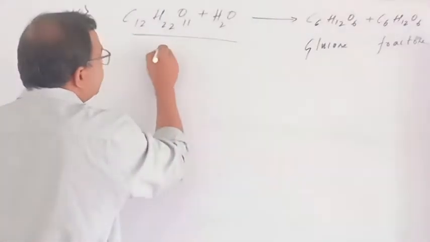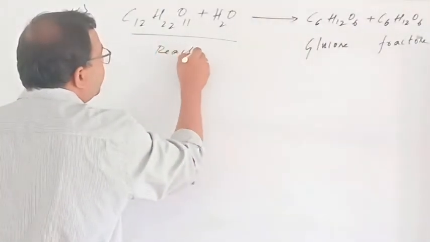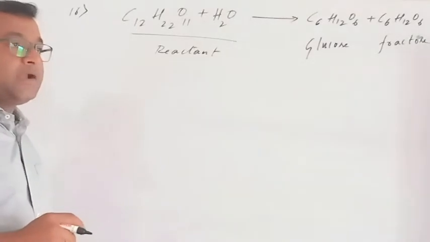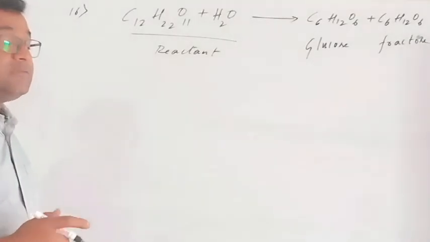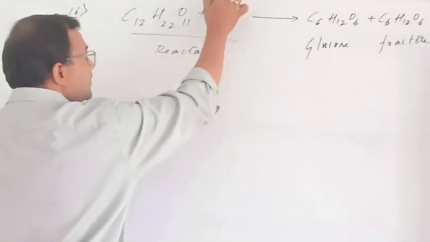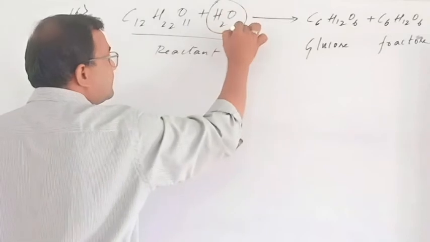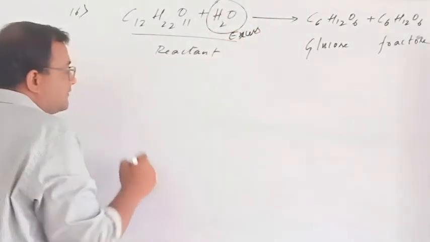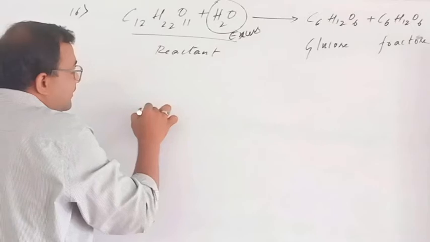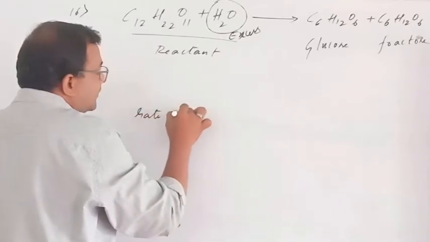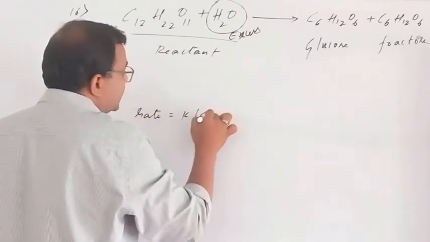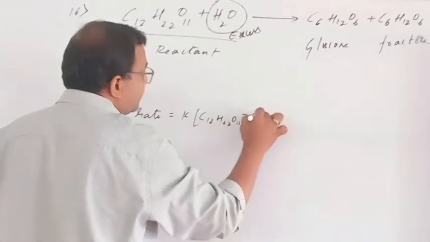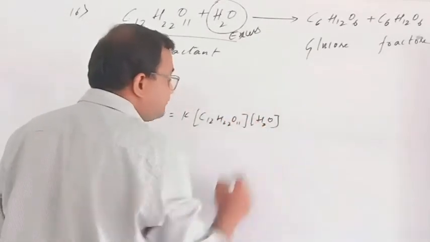Now, this is the reactant where one of the reactants will be taken in a large excess. Here water is taken in a large excess. Then we can write rate is equal to K into molar concentration of C12H22O11 into molar concentration of H2O.